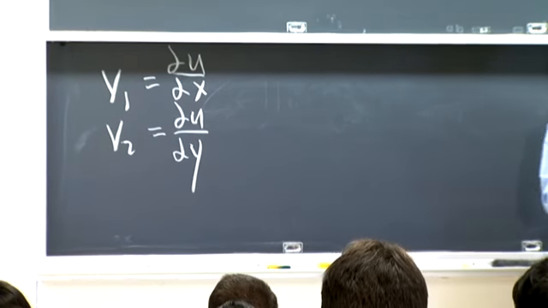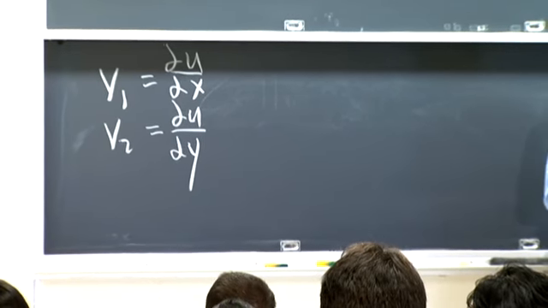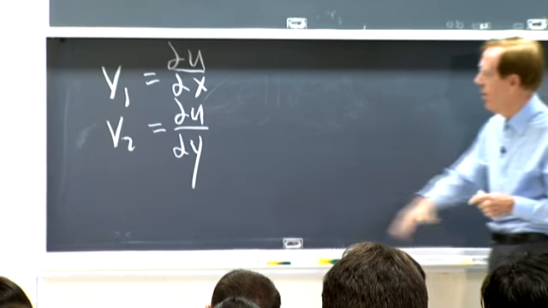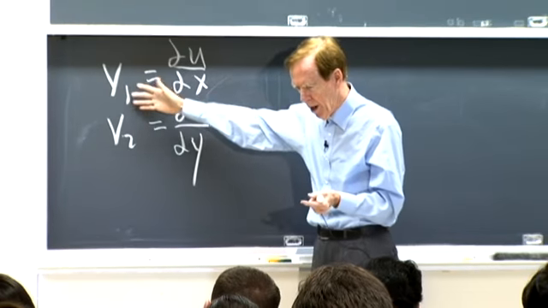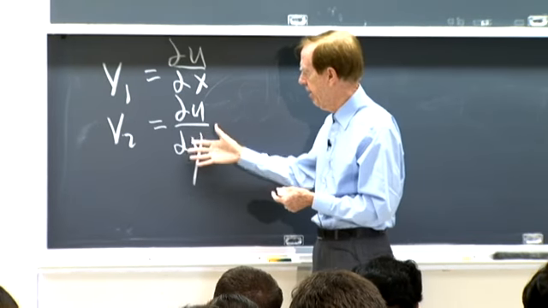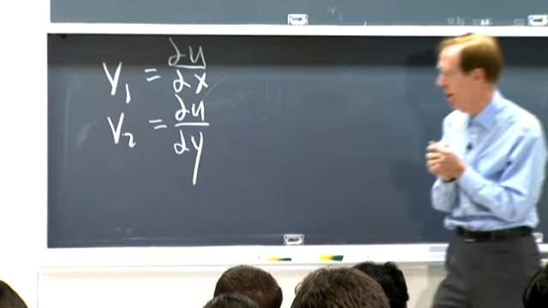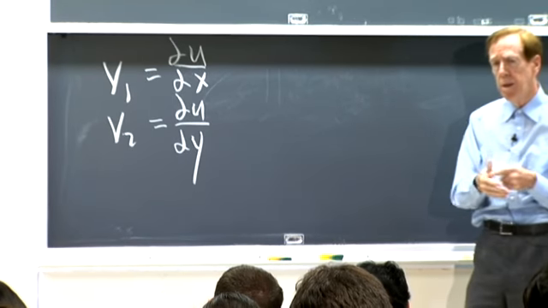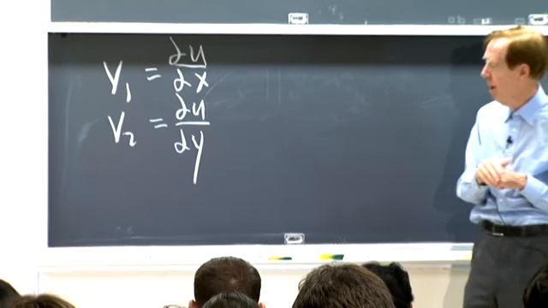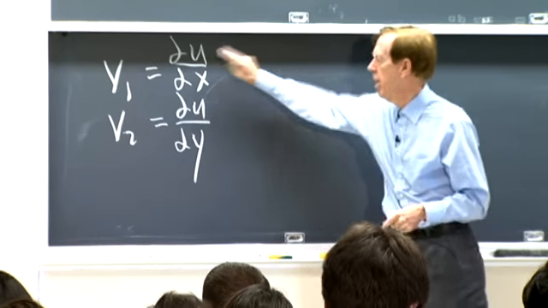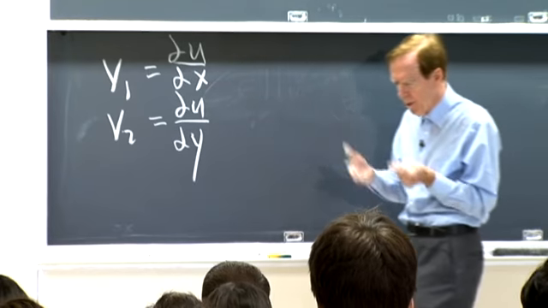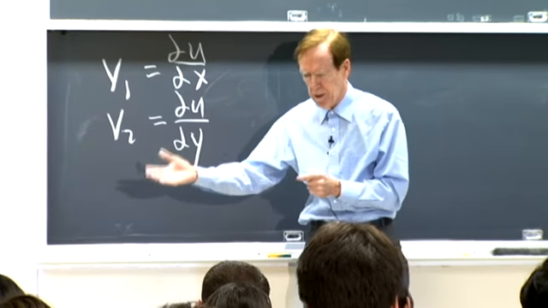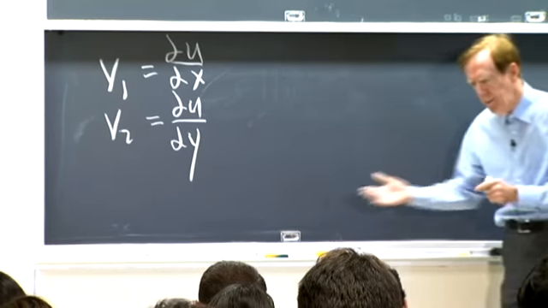Am I going to find a function u whose x derivative is my given v1, and whose y derivative is my v2? Well, chances are not good, right? I've got two equations here, but only one unknown. So generally, it's like a rectangular system. Usually there's no solution, but sometimes there is.